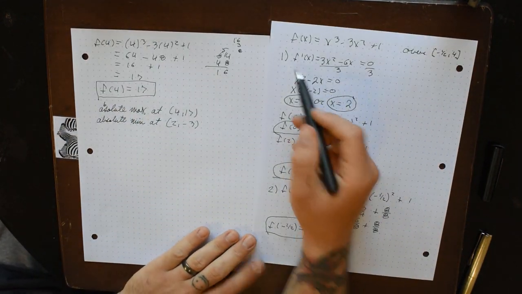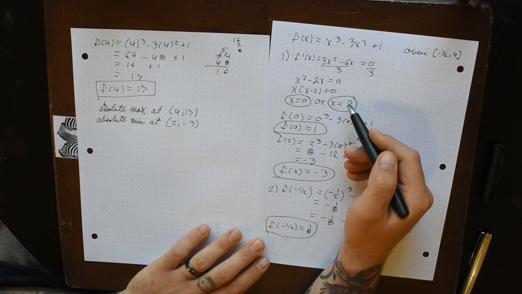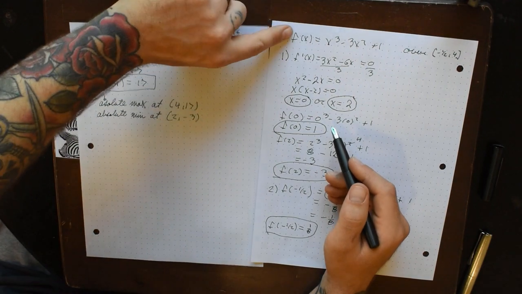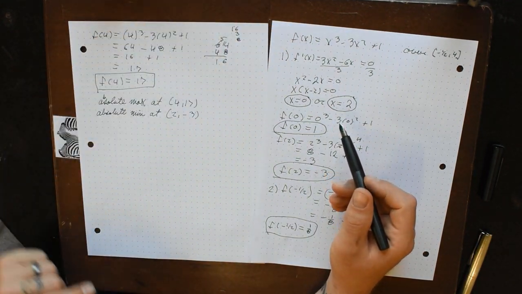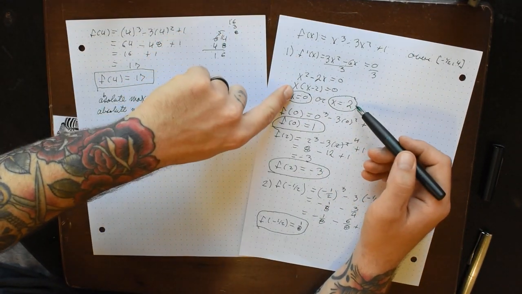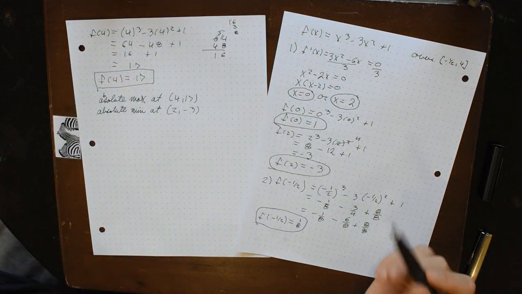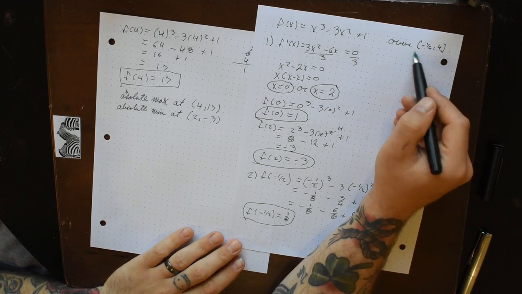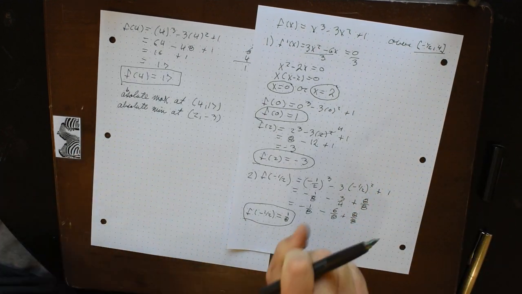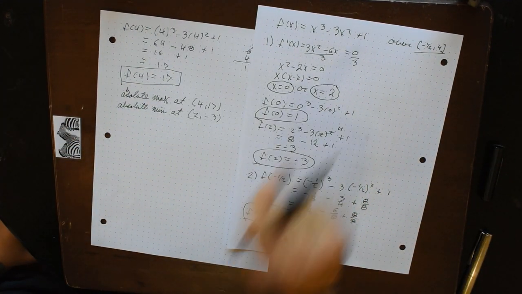Like I said, we use the derivative to find x values, and the original to find y values. We also have to find the y values of the endpoints. Step 3 is just picking and choosing. Pick the biggest one, pick the smallest one.